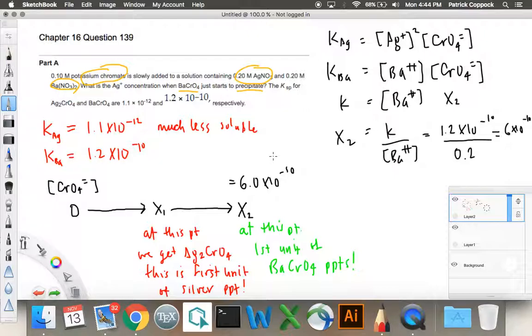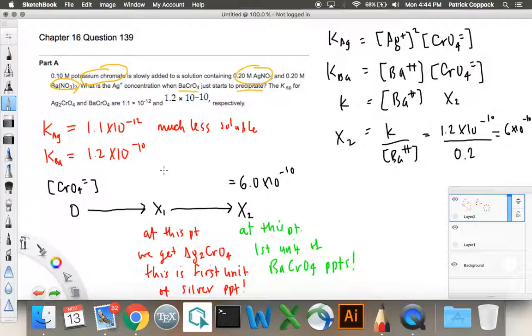All right. So if that's the case, I think we've got to ask ourselves now, how much silver do we have in there? So we know that silver was precipitating all along here, but it had a constant ratio of silver and chromate in there, right?